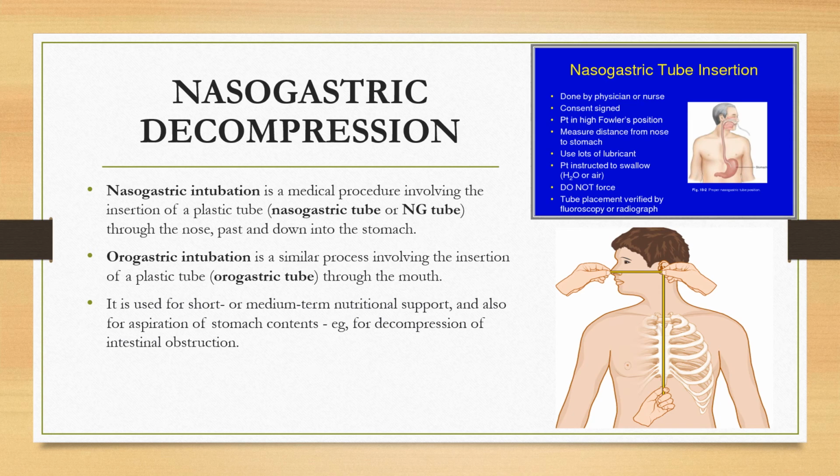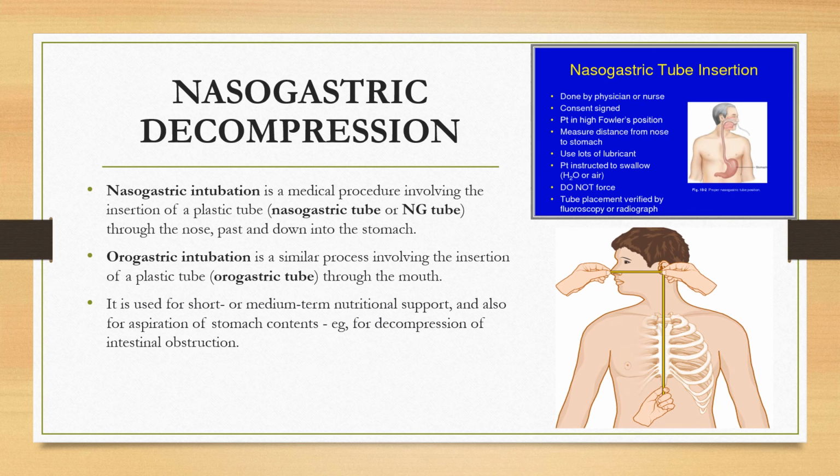So for this procedure, we usually tell the patient this is going to be uncomfortable. We're going to try and make it as comfortable as possible, sometimes by spraying the nose with some lidocaine spray. And this is done either by the nurse or the doctor.